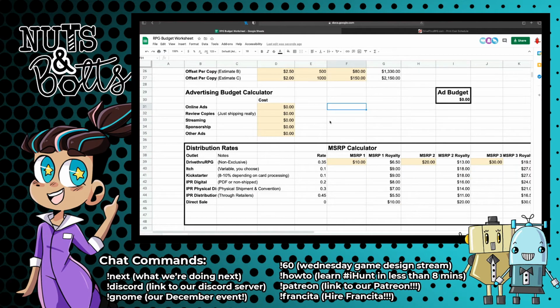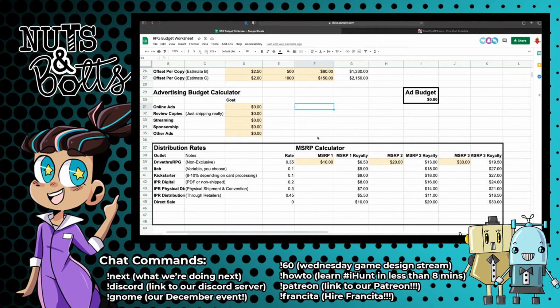I'm not going to worry about ads for this purpose here, but let's see MSRPs. Let's just hypothetically do $5, $10, $20, just to experiment. So we know what rates we're going to get.